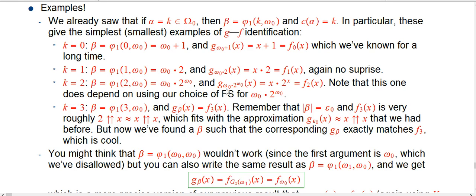And the g function applied to that of x, if you unpack that carefully, it's x times 2 to the x. And this is where we really are using the fact that the fundamental sequence for omega naught times 2 to the omega naught involves powers of 2. And guess what? X times 2 to the x is the definition of f2 of x.